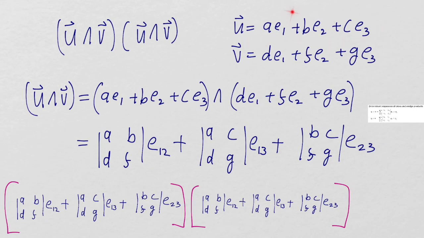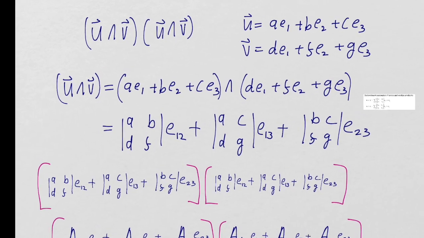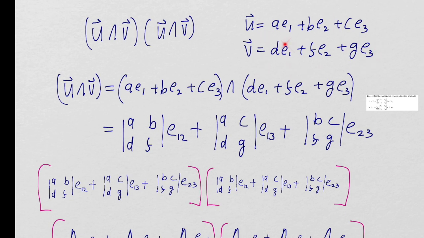We'll speculate that u is some vector, a e1, b e2, c e3. We're going to do it with basis vectors. And v is d e1, f e2, g e3. This is the hardest way you could imagine doing it, because we're actually casting it in a basis to see that everything's going to cancel just right.